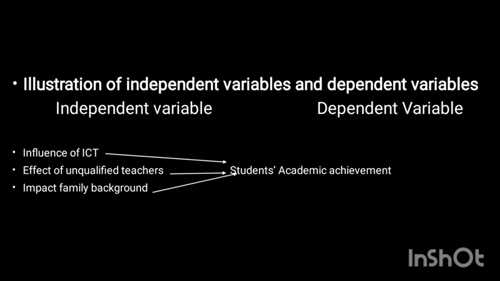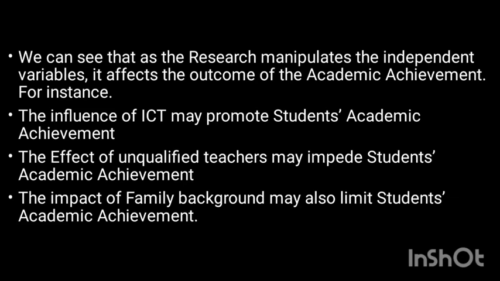So in essence, independent variables are those variables that a researcher can manipulate, while dependent variables are those that feel the effect of those manipulations. We can see that as the researcher manipulates the independent variable, it affects the outcome of the academic achievement. For instance, the influence of ICT may promote students' academic achievement.